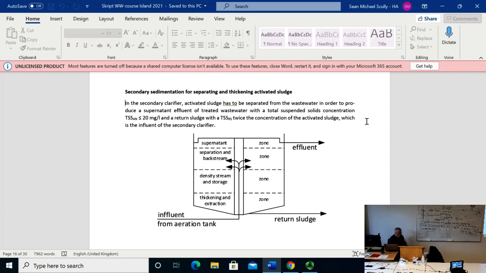So that's 12.6. For our standard values, this is 12.6 grams per liter in TSS. Then times 0.7. That's 8.8. It's our return sludge.